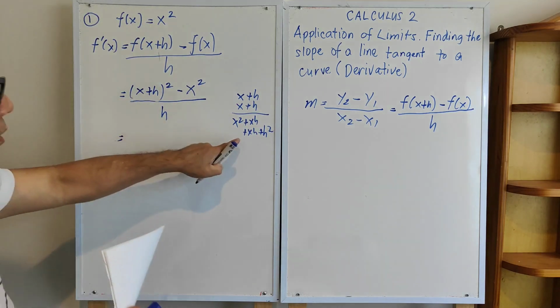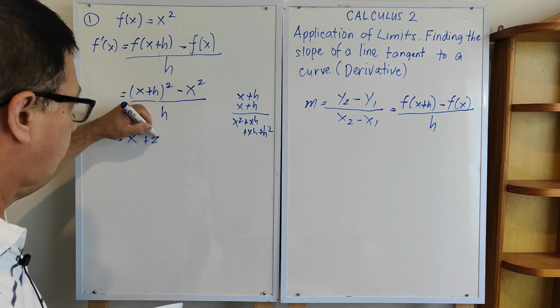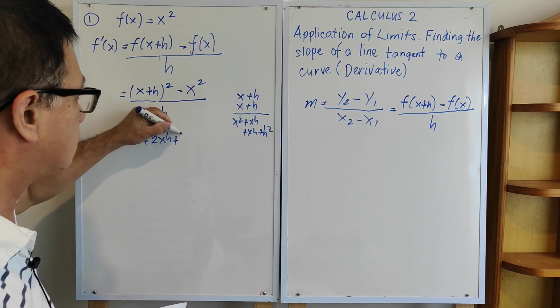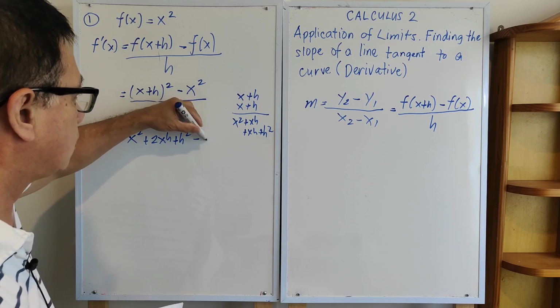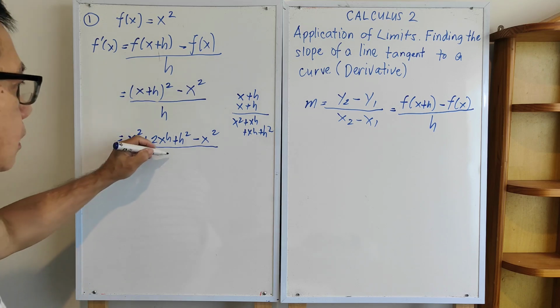So x plus h squared is x squared plus 2xh plus h squared, minus x squared, over h.